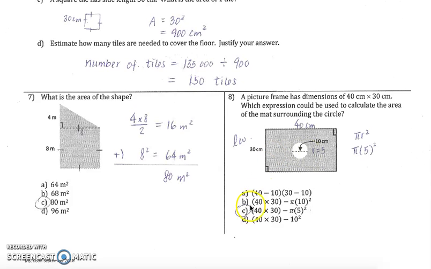You will need to know the area of the rectangle, 40 by 30, and then take away the area of a circle, which is pi times the radius squared, 5 squared. We know that the radius of the circle is 5 because the entire length here, called the diameter, is 10. And so we divide 10 by 2, that's 5 centimeters.